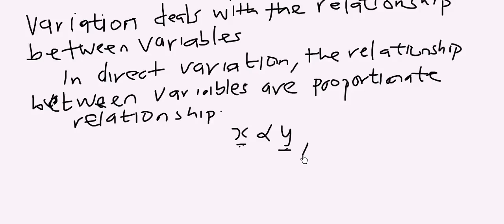So we could also have a case of, say, P varies directly as Q, or C varies directly as V for direct variation.